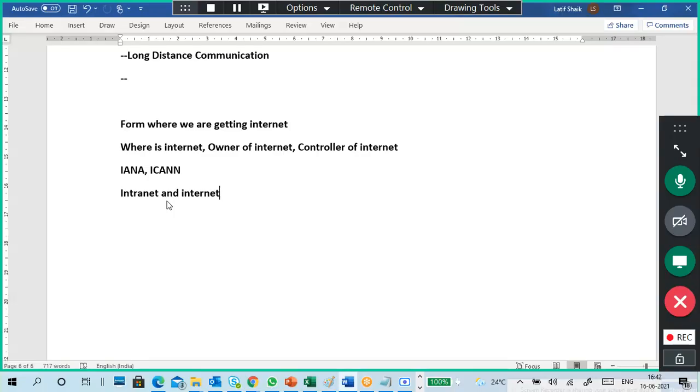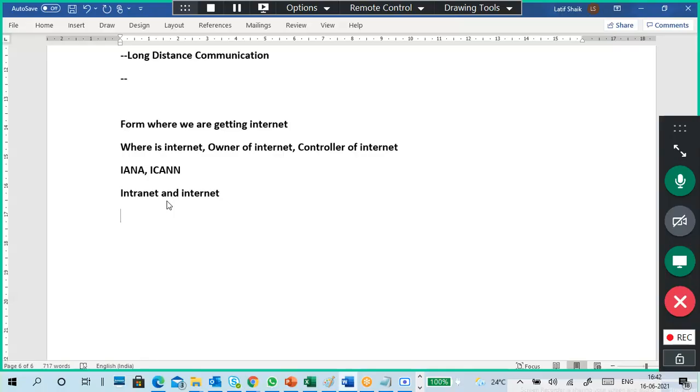What is intranet? Internal network, local network. For example, I have a server in my room, a switch connected to the server, and I am connected to the switch.